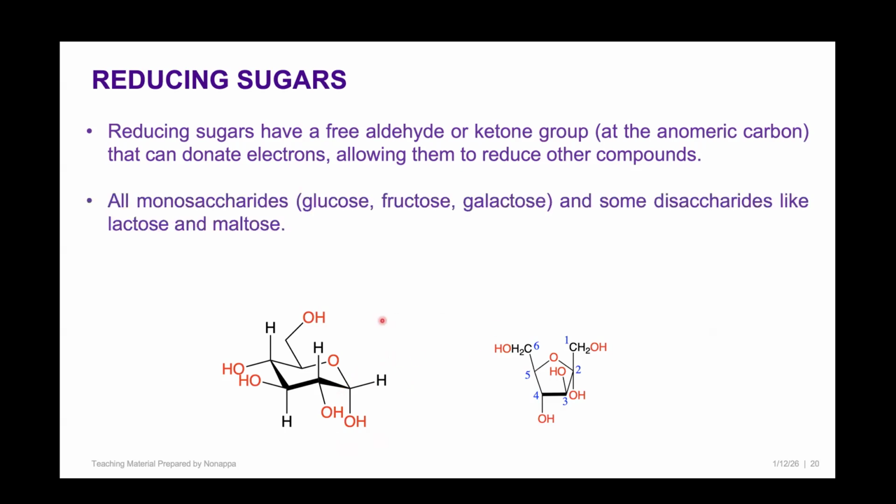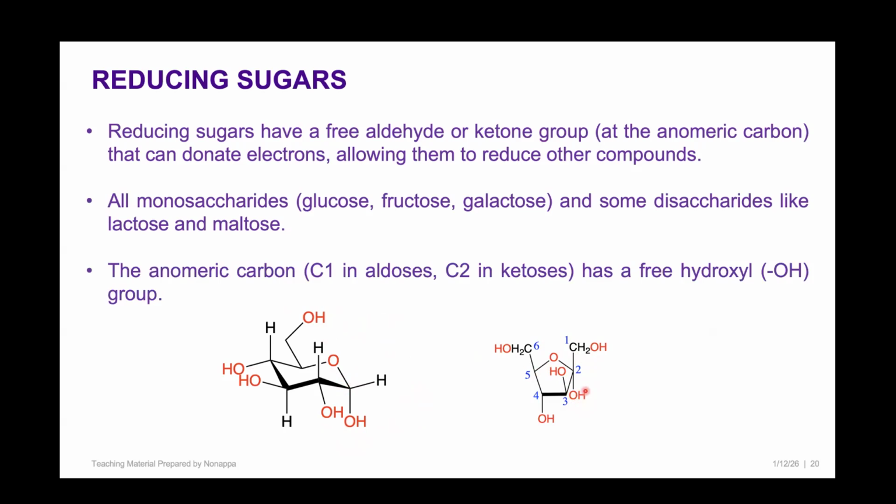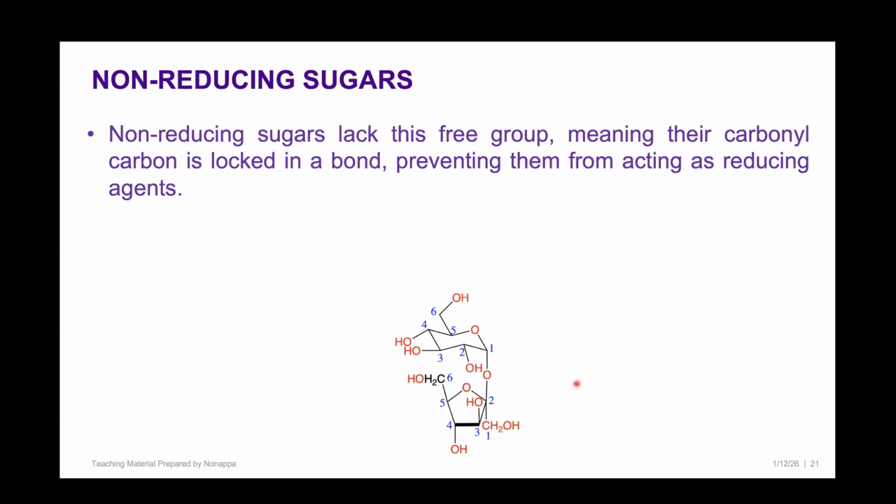If you look here, glucose is a reducing sugar because there is still the possibility that this is a hemiacetal. Fructose is a reducing sugar because it is also a hemiacetal, as this hydroxyl is still free. In glucose, we can simply look at carbon number 1 and say whether it is reducing or non-reducing, and the same in fructose at carbon number 2. What are non-reducing sugars? Non-reducing sugars have their carbonyl carbon locked.